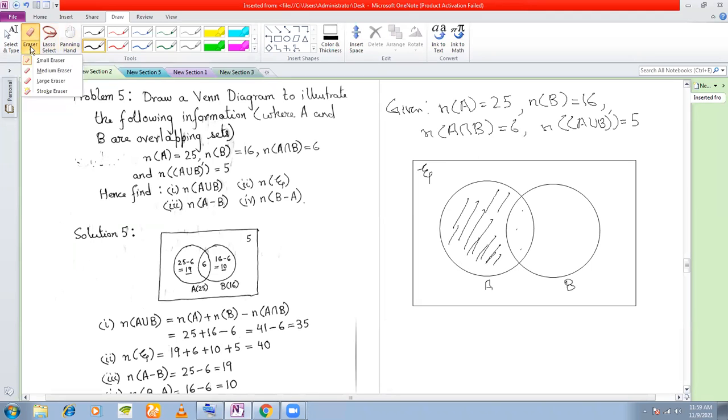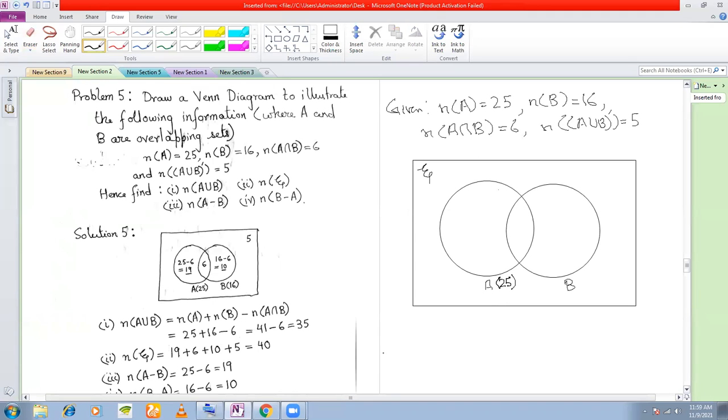So whenever the cardinality of A is given to you, you are simply going to write 25 here in brackets.